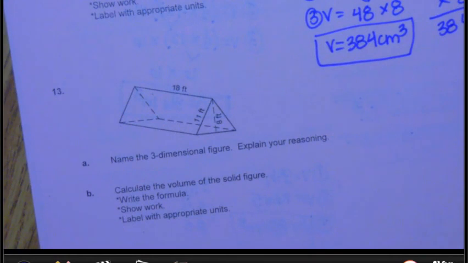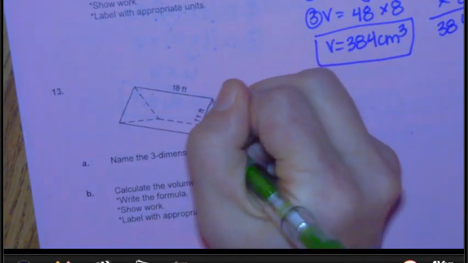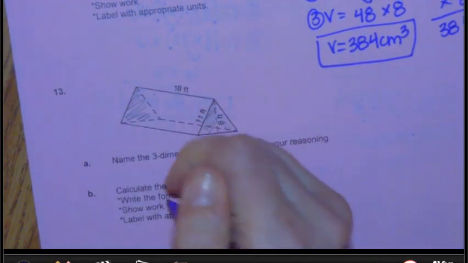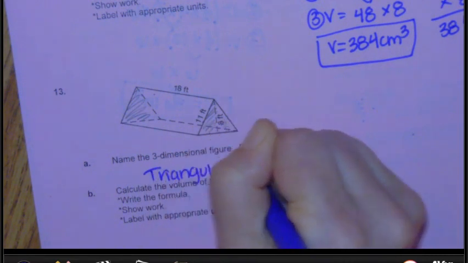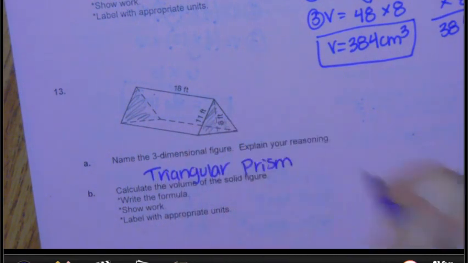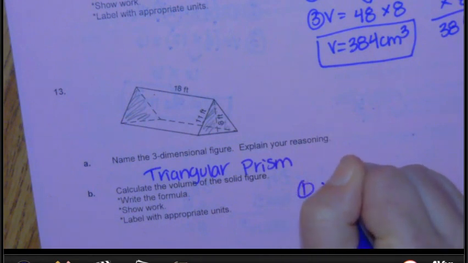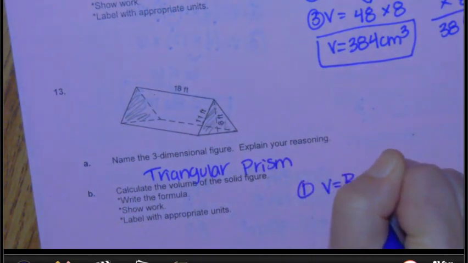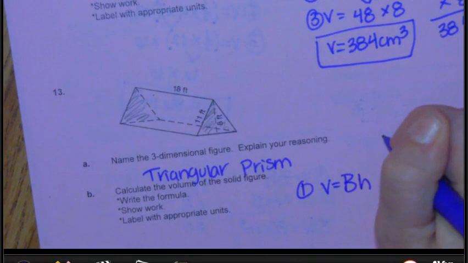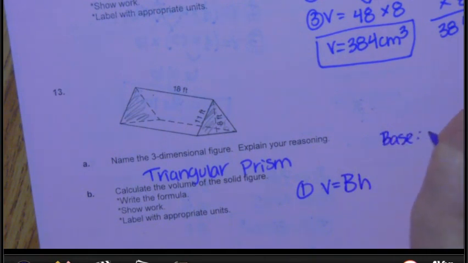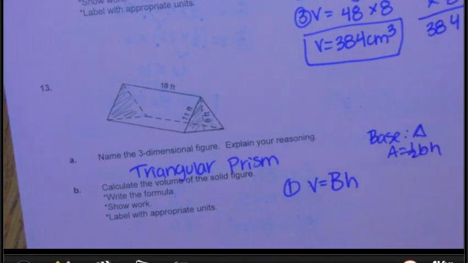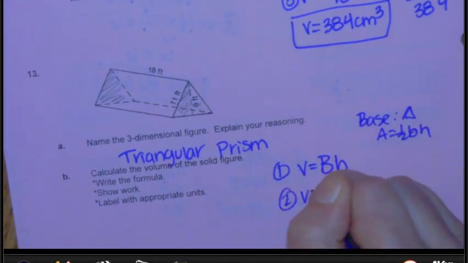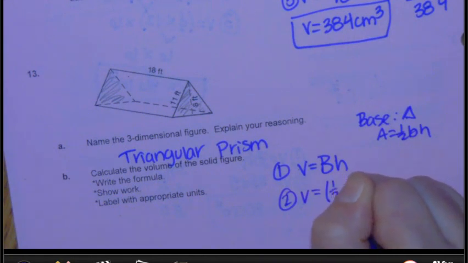And last but not least, I have what looks to be a triangular prism, and I'm trying to find the volume of this. So capital B times H. Well, my base is a triangle, whose area is 1/2 base times the height. So volume is equal to 1/2.